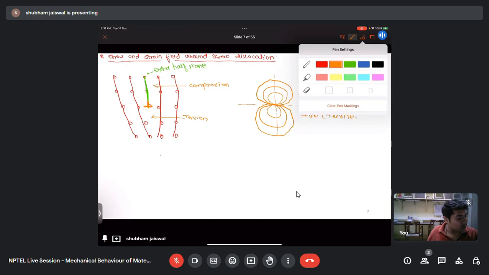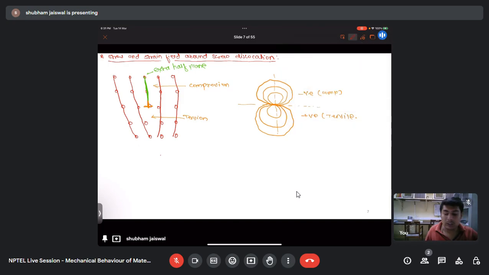So now moving towards our point, that is the screw dislocation. Let me draw the cylinder for the Volterra model that we have used.